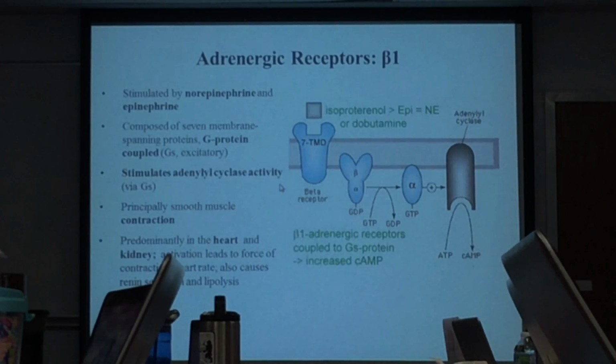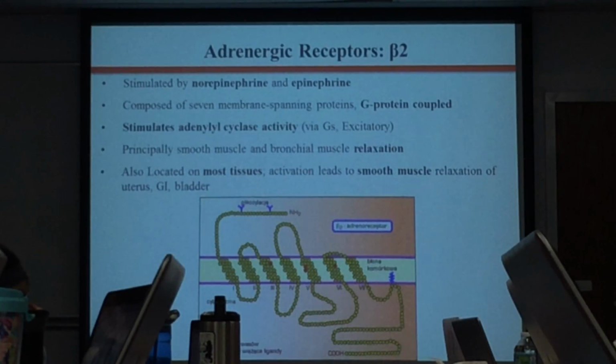Beta 1 is Gs coupled. It's excitatory. When beta 1 is activated, it causes muscle contraction, predominantly in the heart and kidney. Beta 2 is Gs coupled, excitatory, and located in many different tissues.